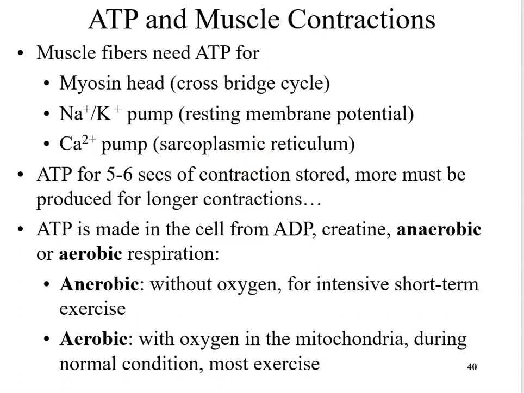ATP is quite unstable. So the cell is only able to store enough ATP for 5 to 6 seconds of contraction. That's not long. So most contractions are going to require more ATP, which can initially be provided by either phosphorylating ADP, so recycling ADP that's left over, or breaking down a storage energy molecule called creatine.